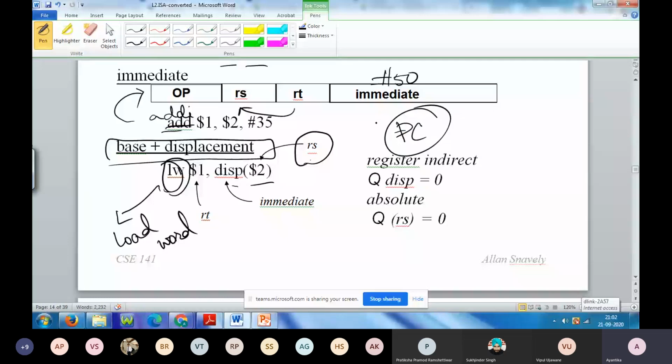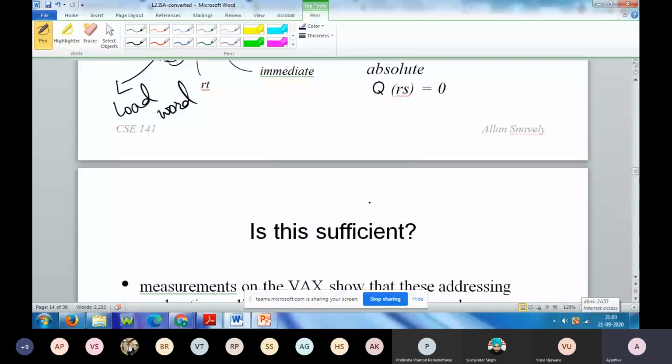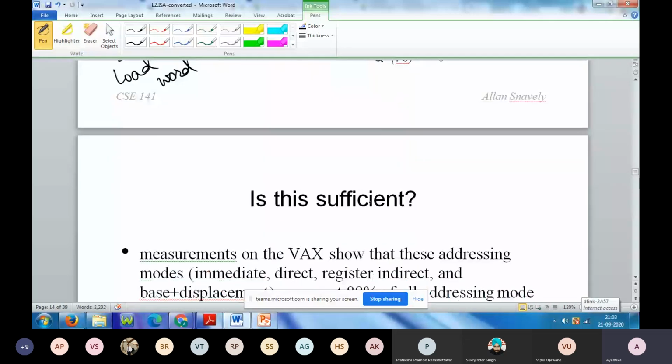So from that program counter address, whatever your present address is, from there you are adding some displacement, and you are storing there, or you are loading from there. Based on this base plus displacement idea, you are basically calculating your next address. So these are a few instruction formats.